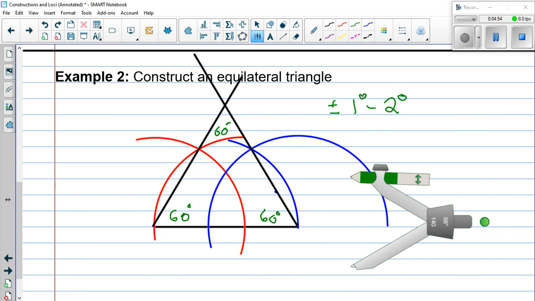If it's plus or minus 1, then 59, 60, or 61 will all be acceptable, or any decimal answers in between. If it's plus or minus 2, then it's 58 to 62. More often than not, it's plus or minus 2 degrees when we're doing drawings.